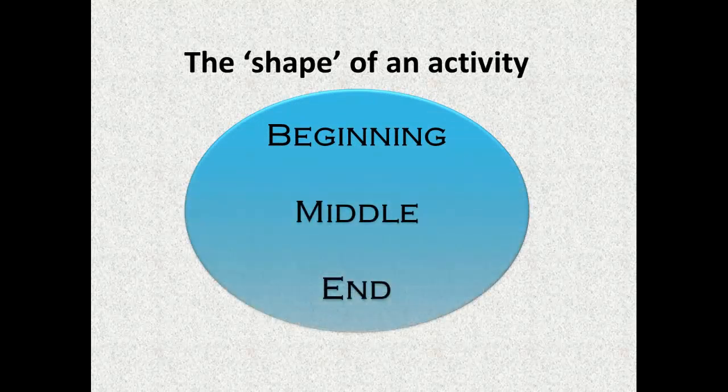So you need to start something off properly, and you need to have something in the middle, and you need to finish it off. If the end of the activity is, well, that's the last question, let's go on to the next thing, there's nothing satisfying about that end product. So you need to think about the beginning and the end, I think, to make it feel as if it's an organised, complete whole for learners.